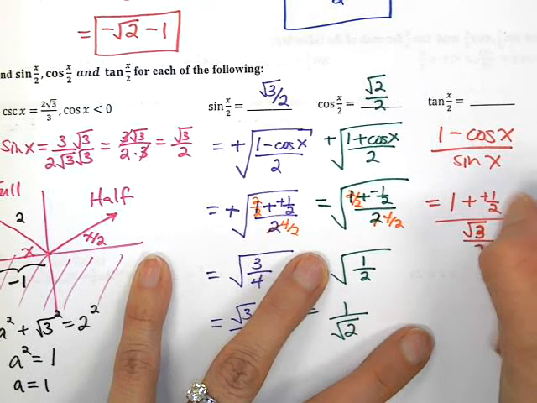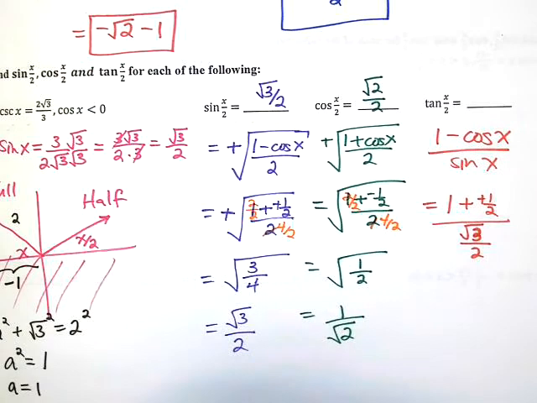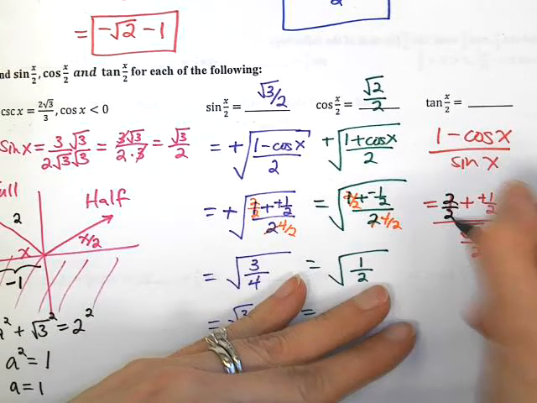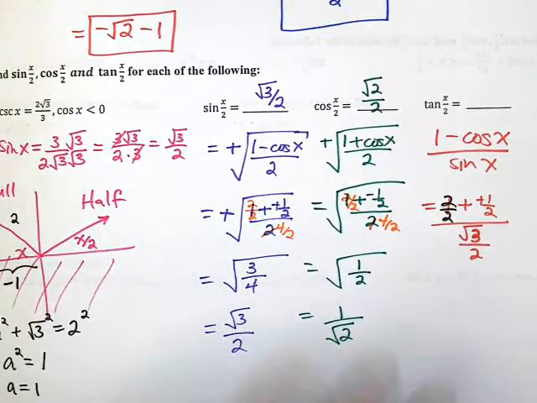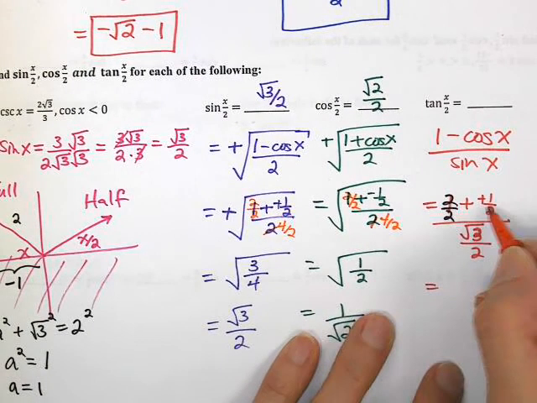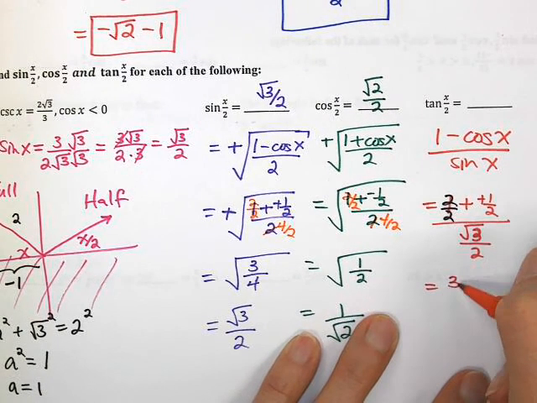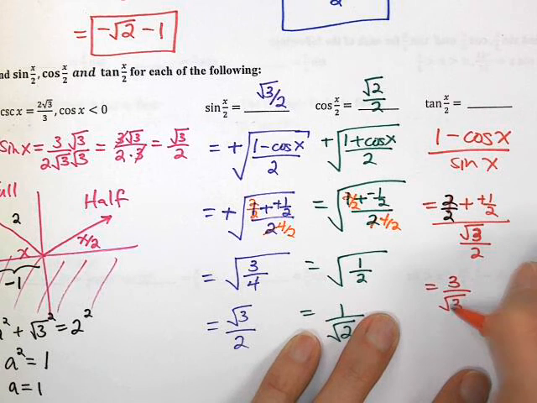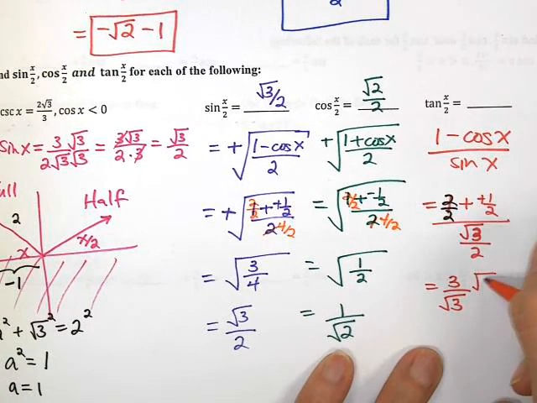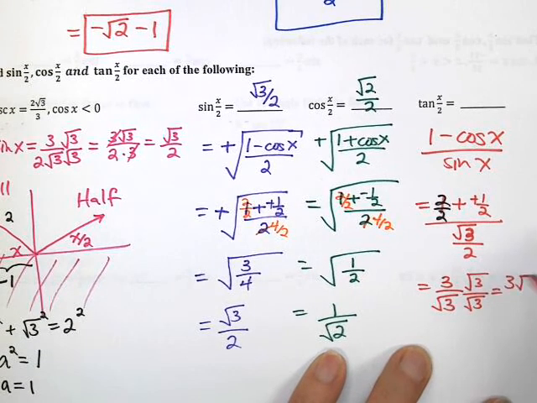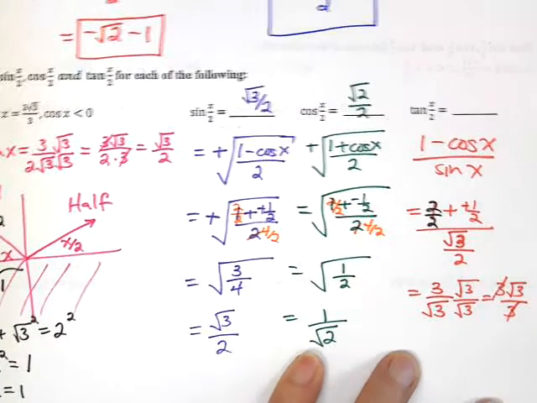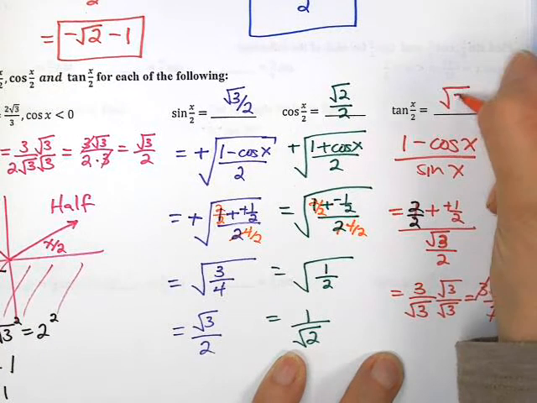Let's write that 1 as 2 over 2. That's a lot of 2's. So the numerator is 3 over radical 3, which we will rationalize and get 3 radical 3 over 3. So I believe the correct answer is radical 3.